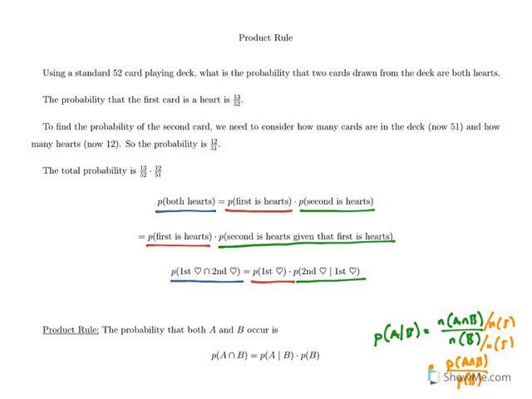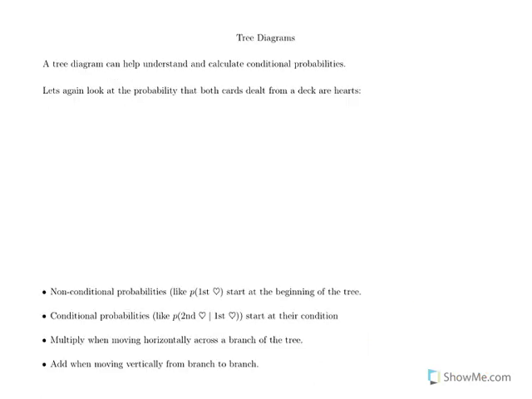All right, so how can we use this with more than just this example? We're going to use tree diagrams to help with this idea of the product rule. Still with the same example, let's look at the probability that both cards dealt from a deck are hearts. We're going to start here with our first card having 2 options.